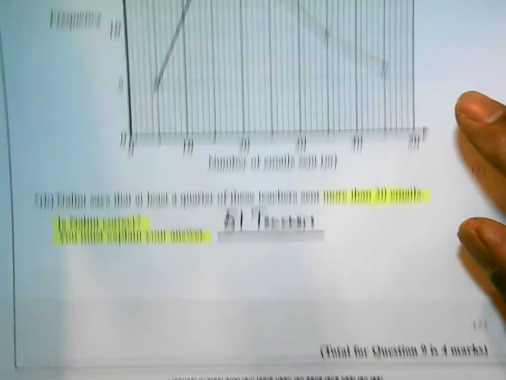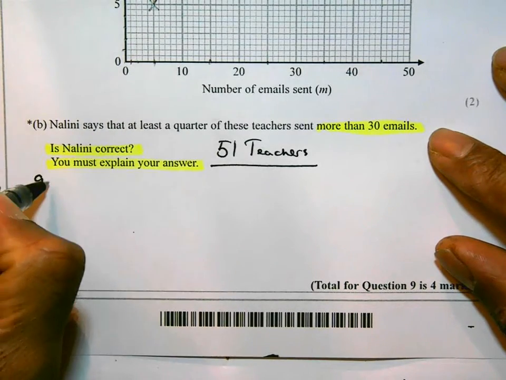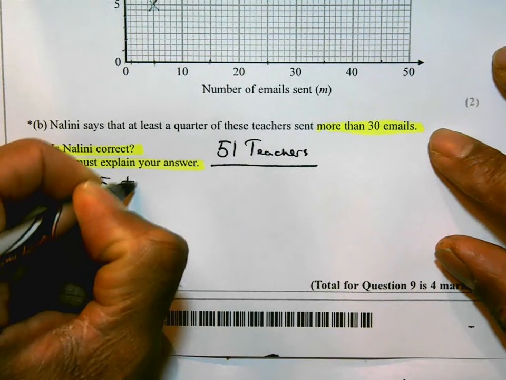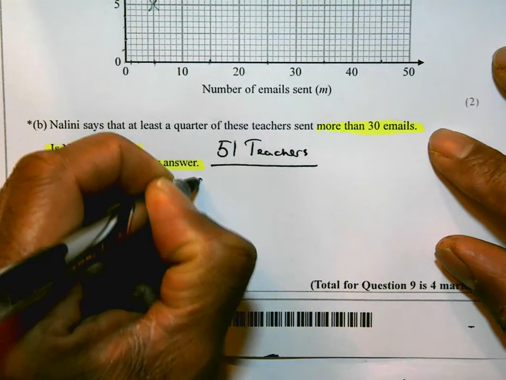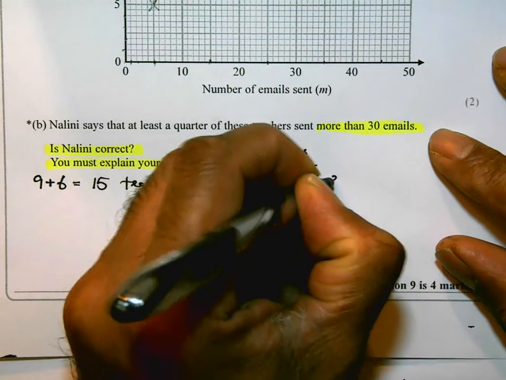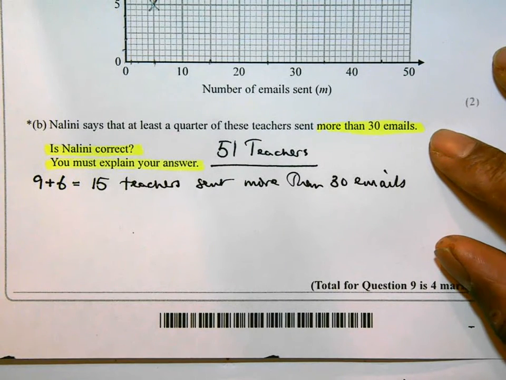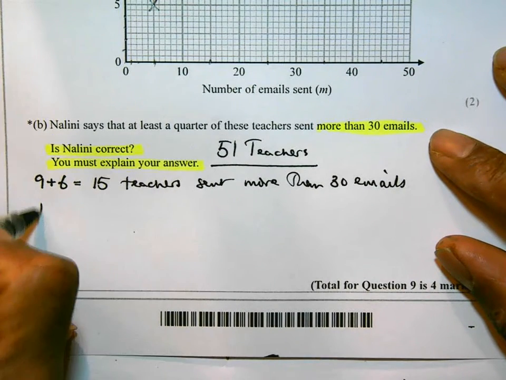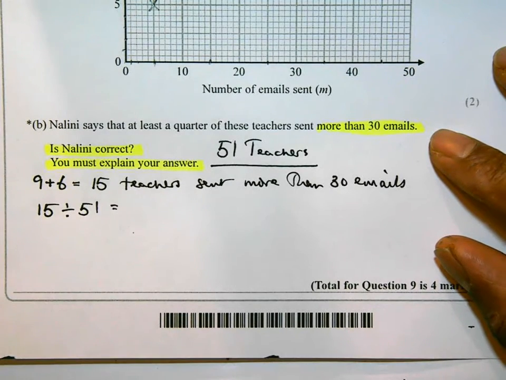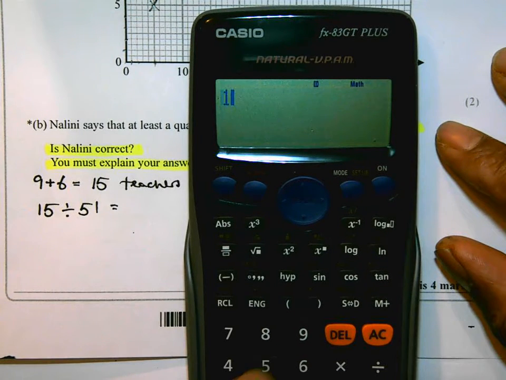That's 15 teachers sent more than 30 emails. Okay, so I need to do 15 divided by 51 because there were 51 teachers altogether. And if we do that, 15 divided by 51, that gives us 0.29.